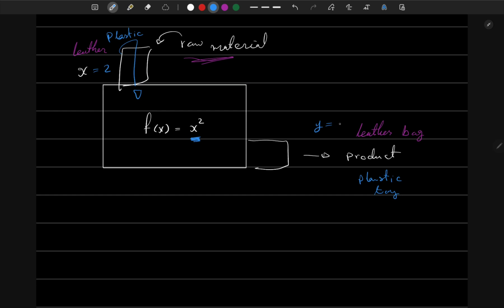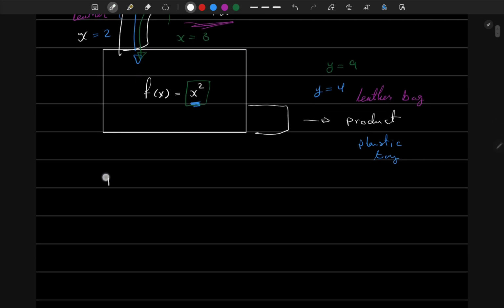And you get the product, which is y equals 4. If you put in this machine x equals 3, then it's going to get inside the function, gets processed again. 3 squared equals 9, and so you get y equals 9. And this is how it works. You put different values for x, they get processed by the function, and then you will get a value for y.